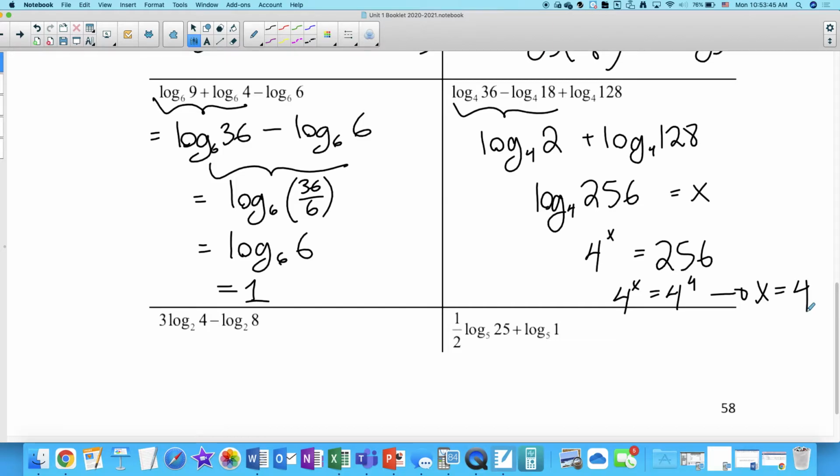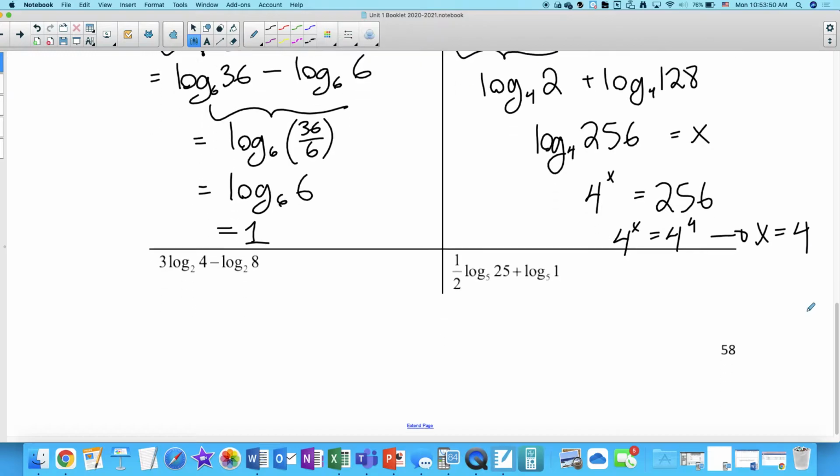All right. Let's do these 2 more. What do I need to address first here? The 3, right. So I'm going to pop this up here, and I'm going to get log base 2 of 4 cubed minus log base 2 of 8. And what's 4 cubed? 64.